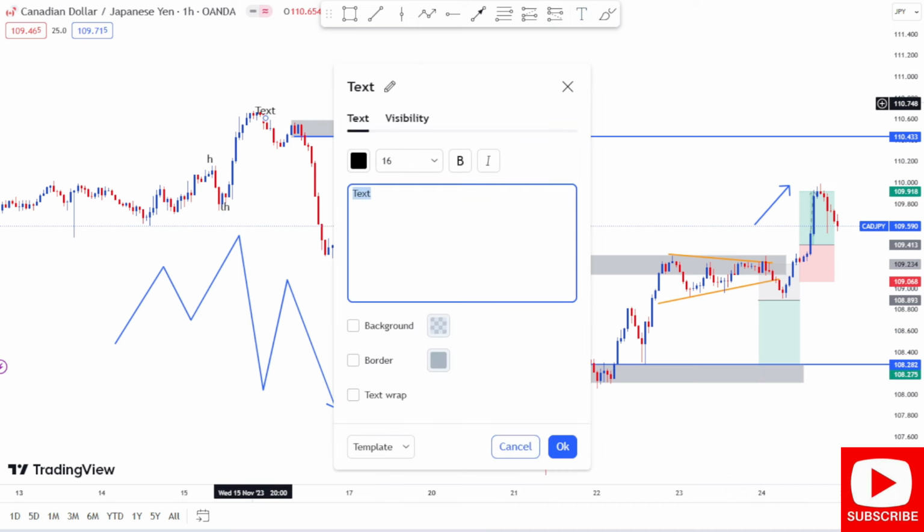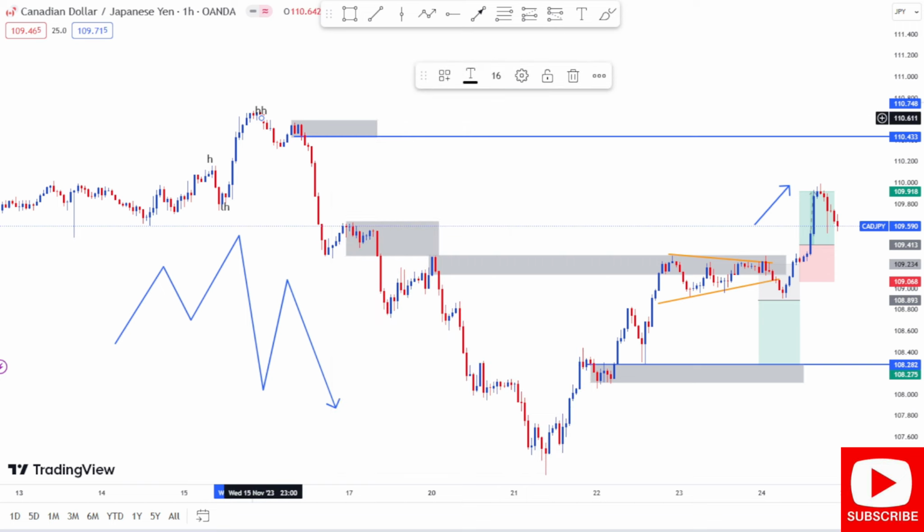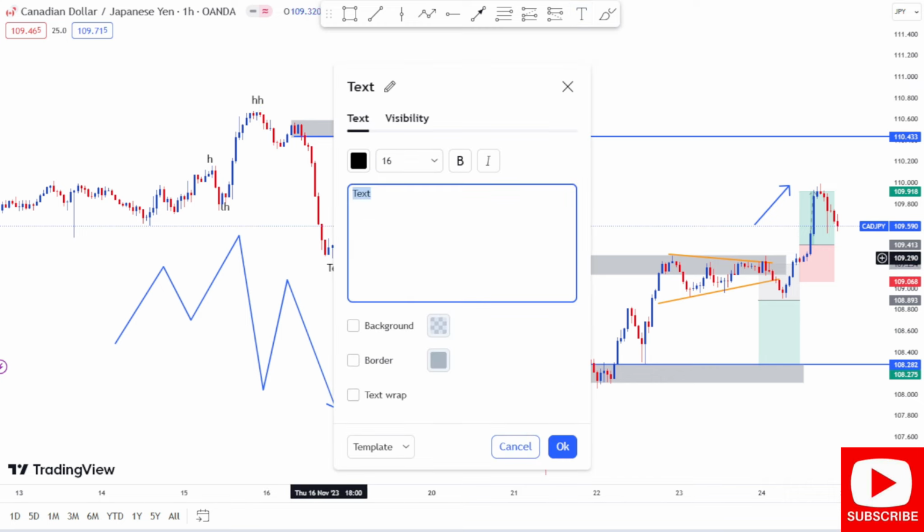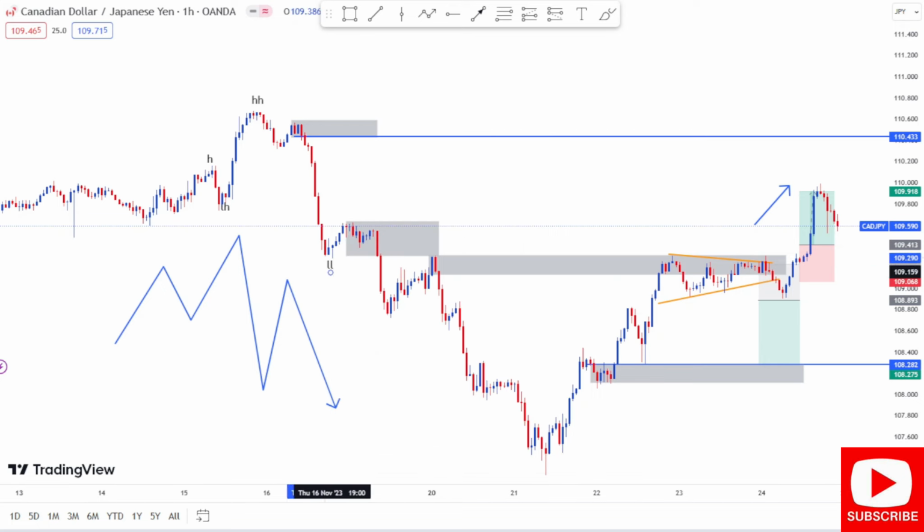Then over here we have a higher high, before having our lowest low right here. Once this kind of formation happens, we know that there is a Quasimodo in the market structure.